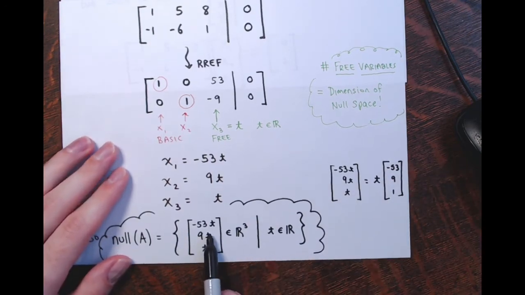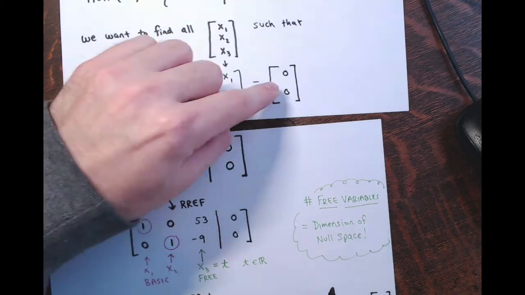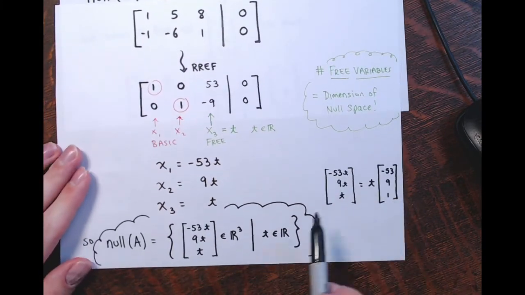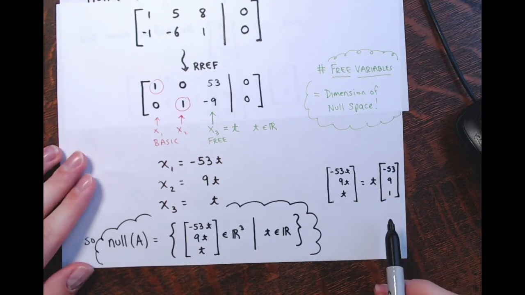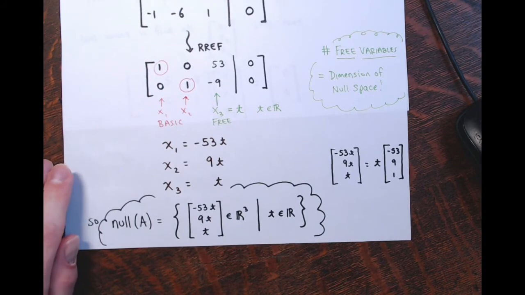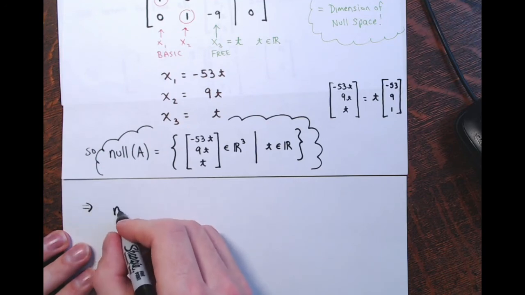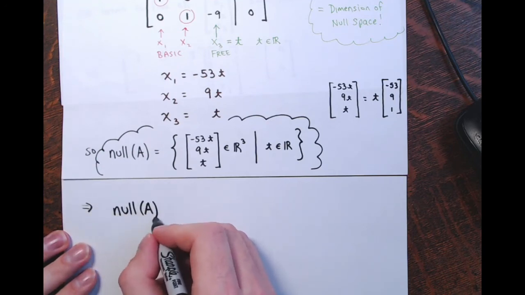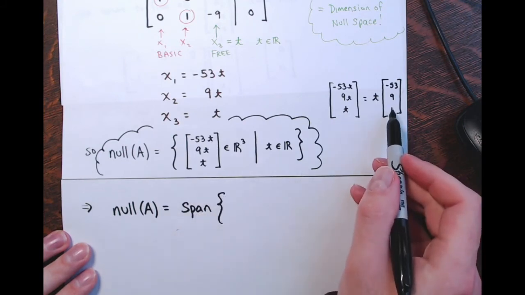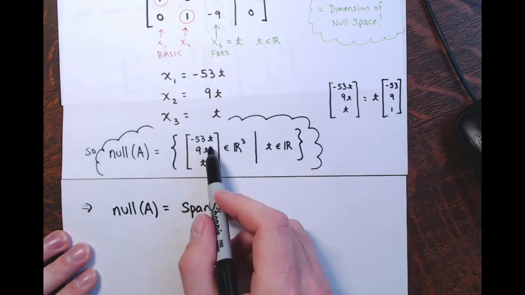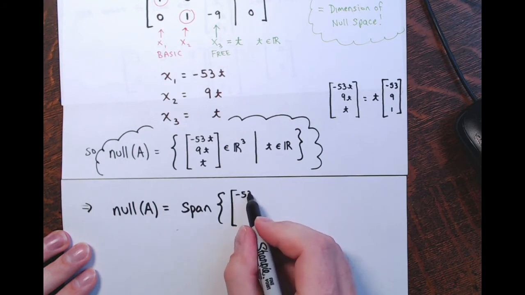Meaning that every vector in the null space of A, every vector that you can multiply A by to get the 0 vector, every single one of these vectors is a multiple of the vector negative 53, 9, 1. So another way to state this is: the null space of A is just the span of the set with that one vector, the vector that everything in here is a multiple of, negative 53, 9, 1.